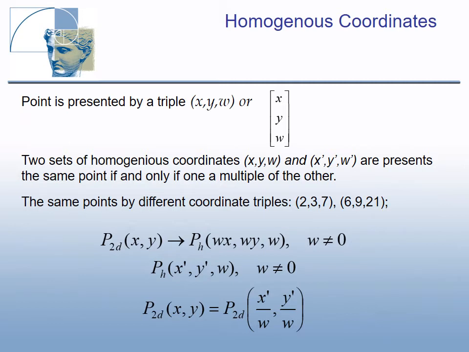Two sets of homogeneous coordinates x, y, w and x prime, y prime, w prime present the same point if one is a multiple of the other. For example, the same point is defined by different coordinate triples 2, 3, 7 and 6, 9, 21. The second is obtained by multiplying first by 3.